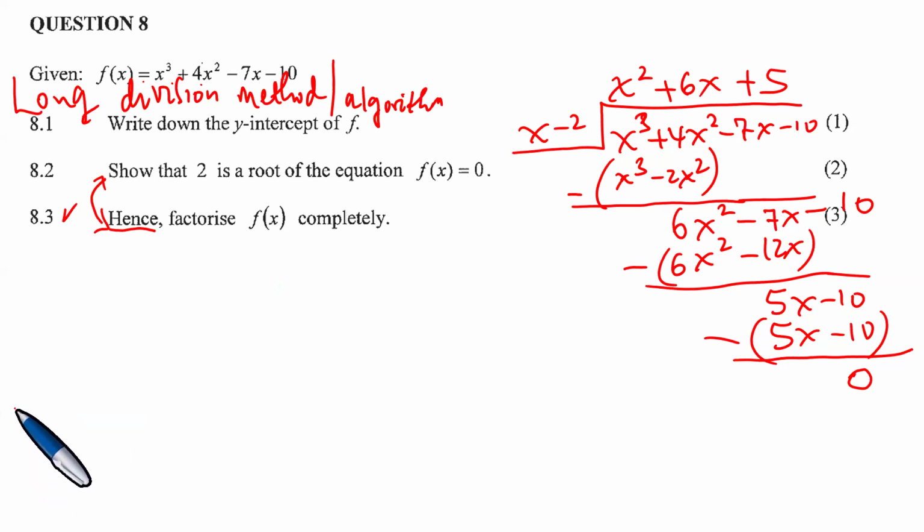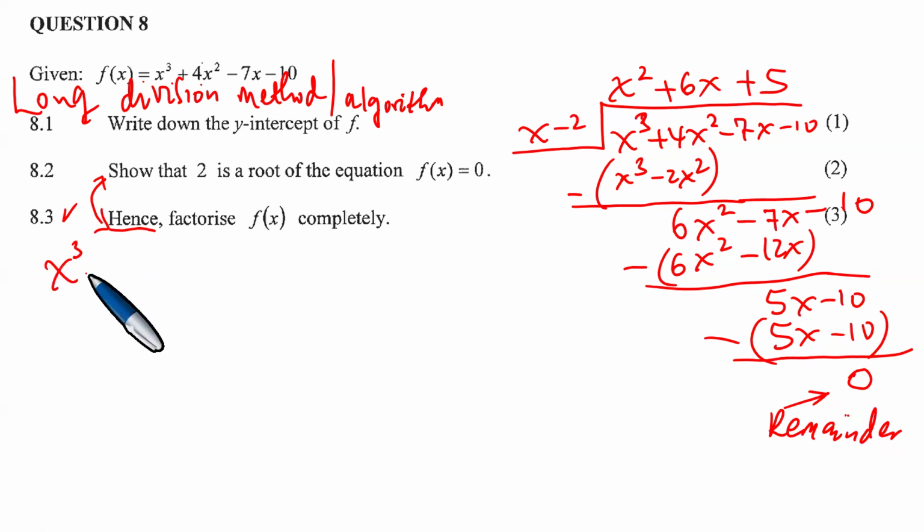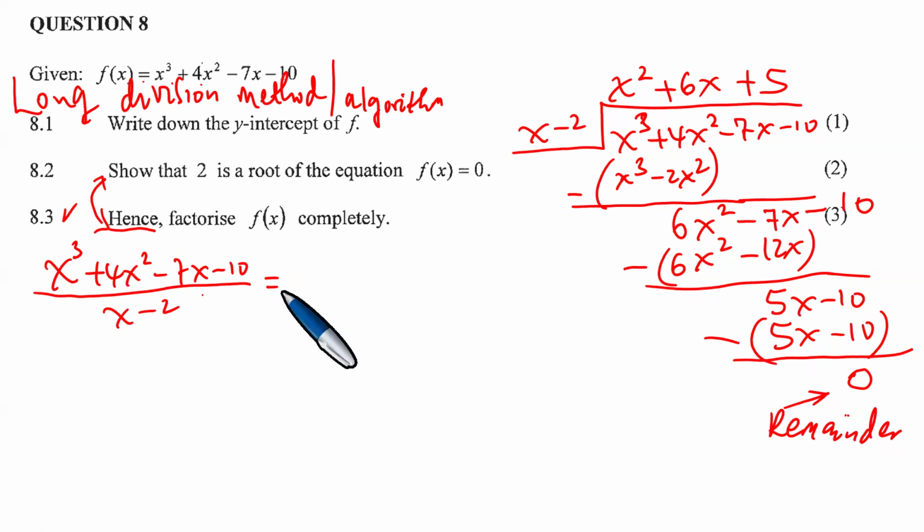We realize that this kind of division, this thing at the bottom here, is called the remainder. In other words, if you divide x cubed plus 4x squared minus 7x minus 10 by x minus 2, my friends, the quotient sits at the top.